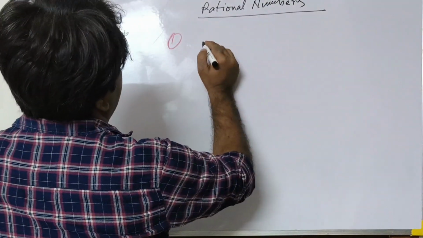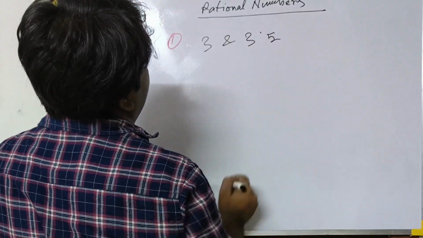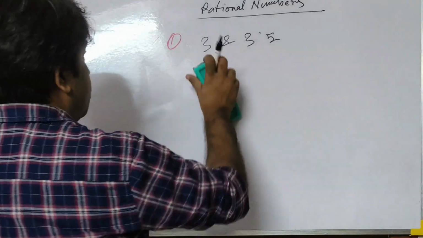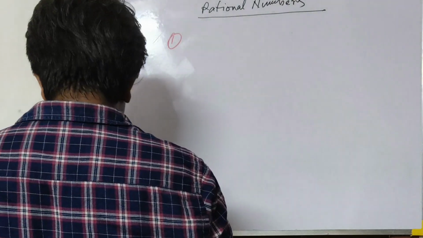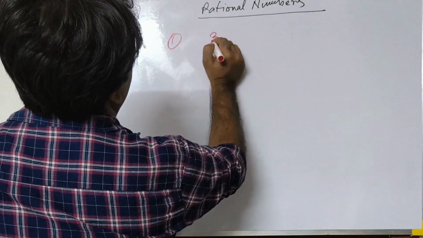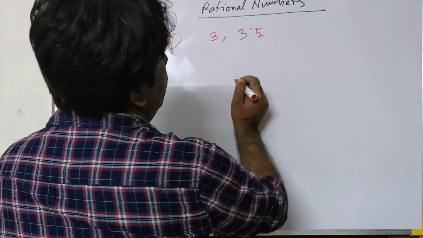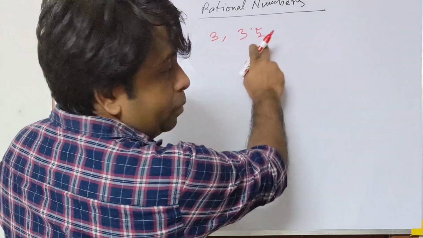Suppose we have 3 and 3.5. The problem is that we have 3 and 3.5 and we need to find three numbers between those numbers.